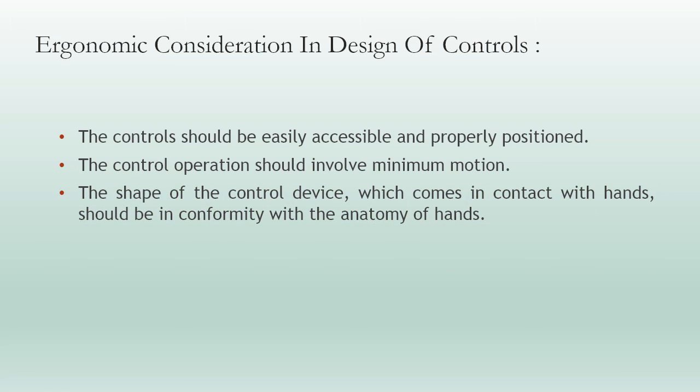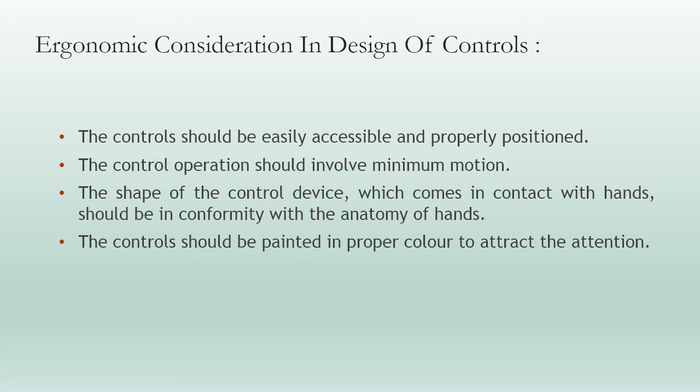The shape of the control devices which come in contact with the hands should conform to the anatomy of the hands, and the control should be painted in a proper color to attract attention. So these are some ergonomic considerations we have to consider while designing controls.